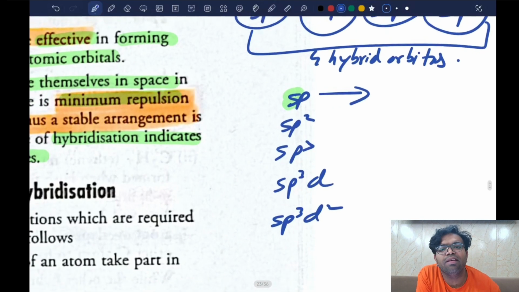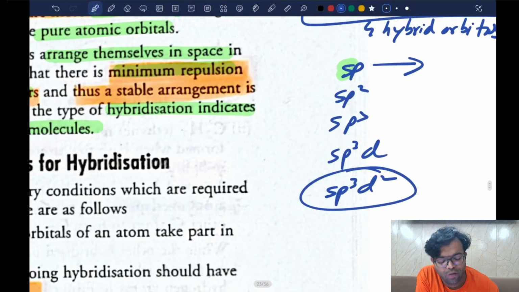We will discuss more about this later. And sp3d2 is the octahedral structure. sp3d2 gives you the octahedral geometry that we have always seen, SF6.